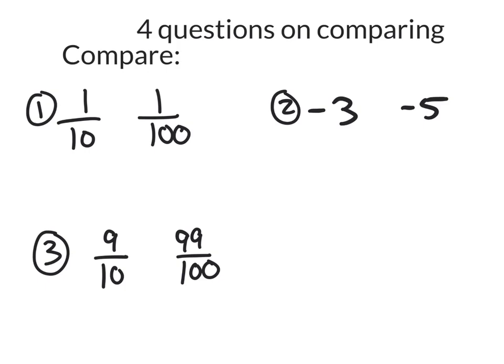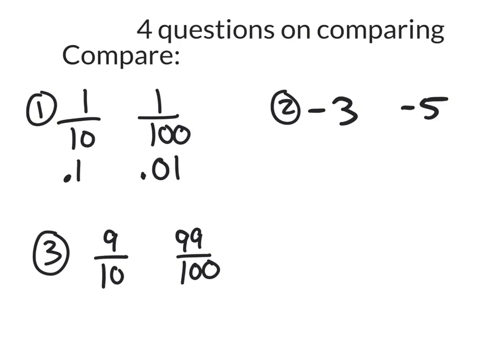Okay, if you read it as 1/10, then you could just write it as a decimal, 0.1. How would you read this one? 1/100ths. So the 1 is in the 100ths position. If you were to divide it, you'd get 0.01.